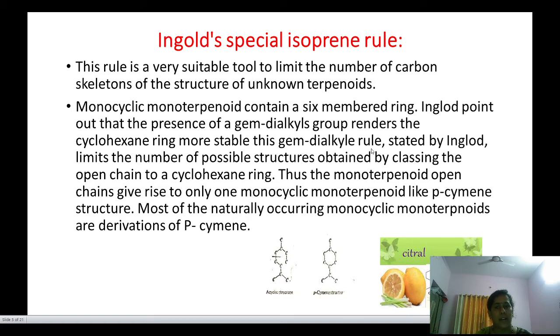The rule stated by Ingold limits the number of possible structures obtained by closing the open chain into a cyclohexane ring. Thus, the monoterpenoid open chain gives rise to only one monocyclic monoterpenoid, like p-menthane. The structure of p-menthane I will give you on a later slide. Most of the naturally occurring monocyclic terpenoids are derivatives of p-menthane.